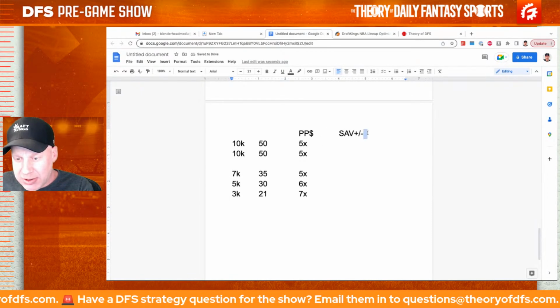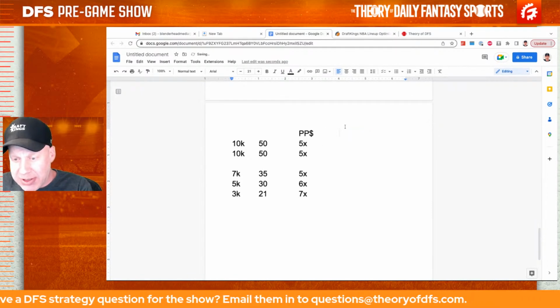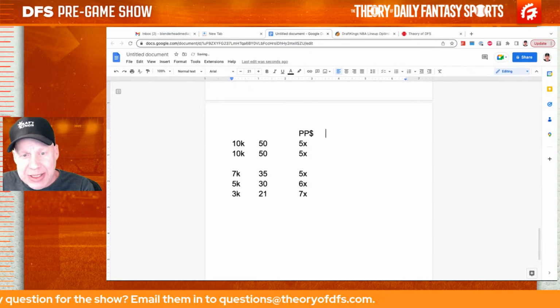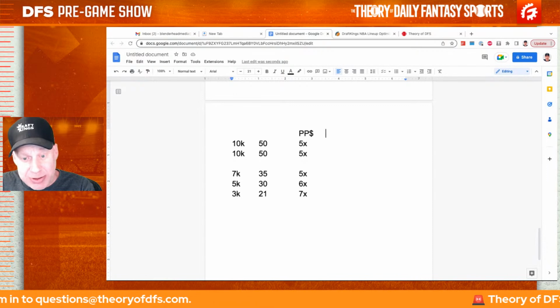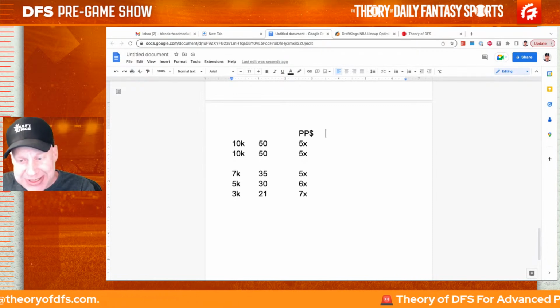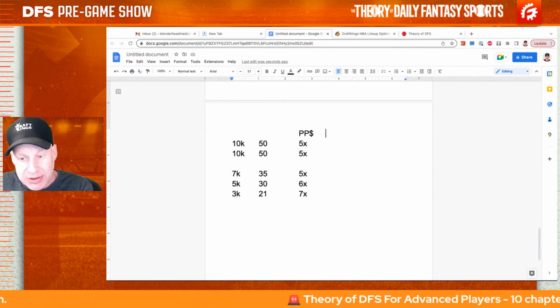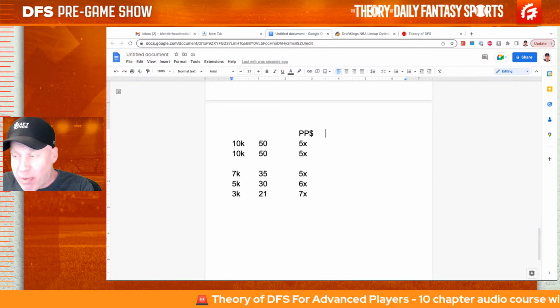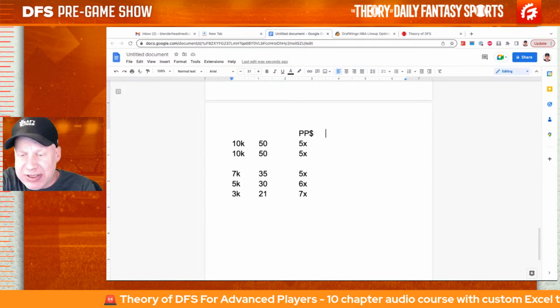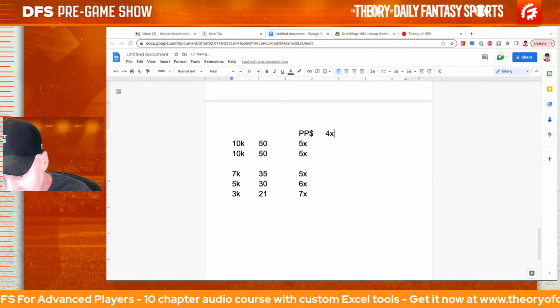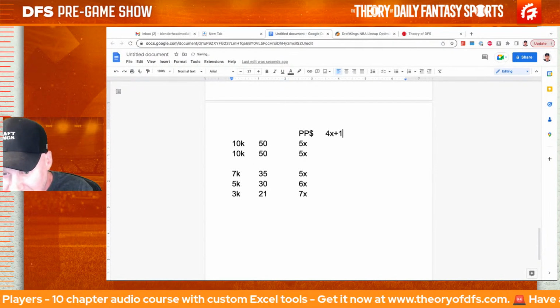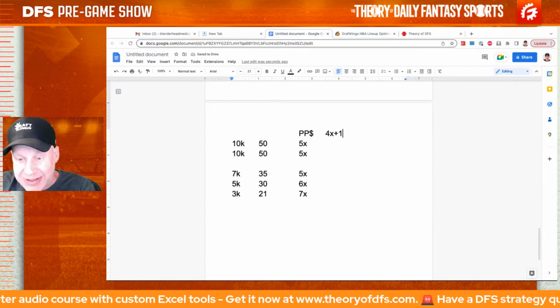Well, we want to compare it where we're going to say that a player's expectation at a certain salary should be 5x plus 10. Or let's just say for this, just because it's on the screen, 4x plus 10. Or probably 4x plus 15.